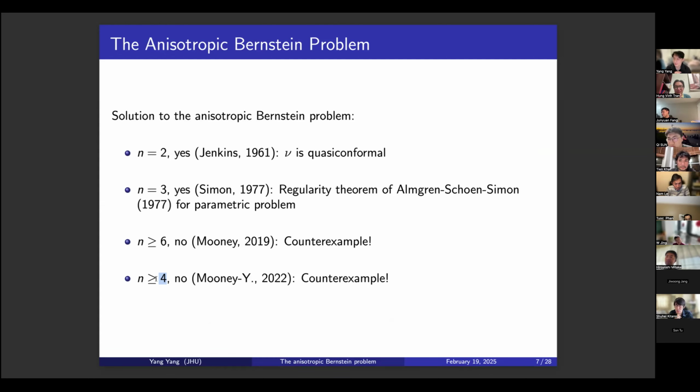So can I ask one? Yes, go ahead. Does it make sense to consider the anisotropic problem for the shrinkers instead of minimal surfaces? Sorry, I'm more of a PDE person. Even though it is a geometric problem, I don't quite understand shrinkers. So what about high codimension?